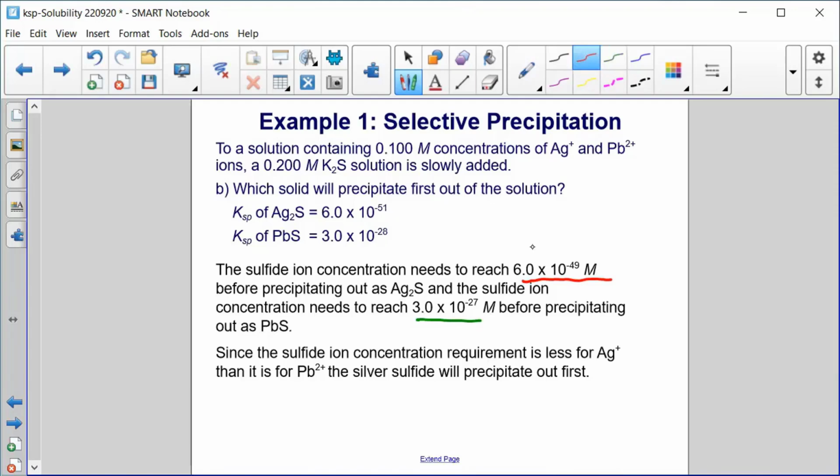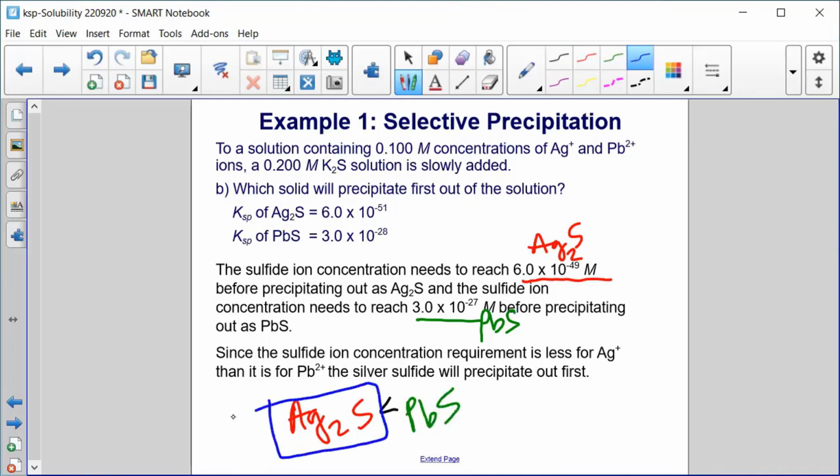So this is for the silver sulfide, and this is for the lead sulfide. We can see here that the silver sulfide needs a much smaller sulfide concentration than the lead sulfide. And so what that means is that we'll reach that concentration first in our addition of potassium sulfide, and the silver sulfide will precipitate out first.